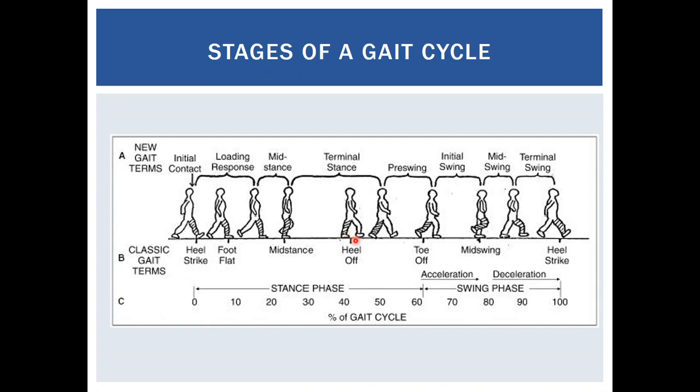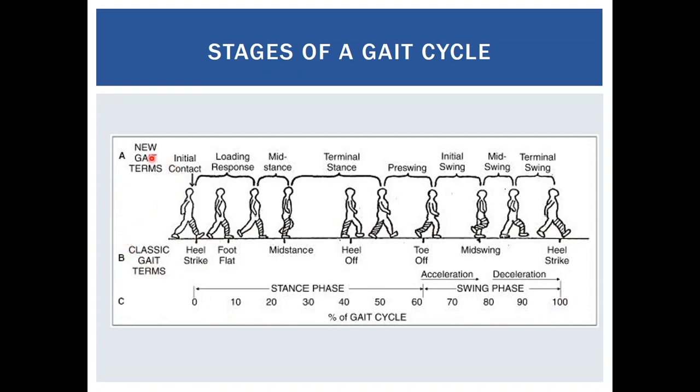So now again the heel of this foot would lift up here, and then the toes of the leg that is shaded are lifting off, and then this leg is totally in the air, and it is moving forward, and then again it starts off with heel strike, and that will bring us back to this position, and then this whole cycle will keep on going on and on and on.